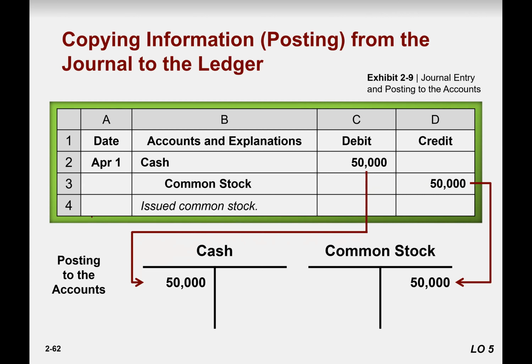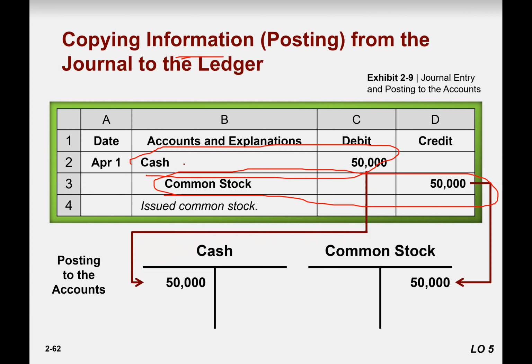First of all, while analyzing the transaction, we segregate it into accounts and then we journalize it. When we journalize it, we convert it into debit and credit, right? So how we make the entry? First, we write down the debit side. And then we write down the credit side.